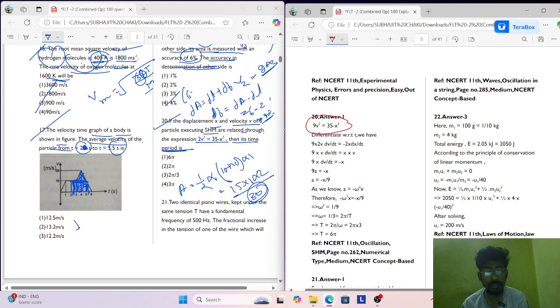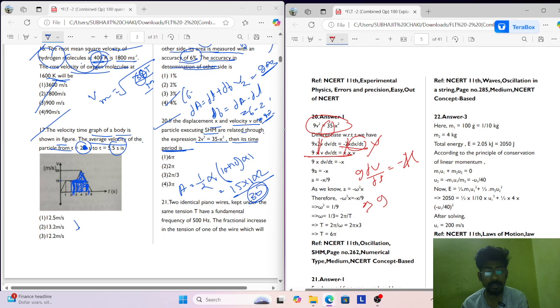This will be 9 into 2v dv by dt, 35 minus 2x dx by dt. 35 is a constant, so its derivative will be 0. So now this 2 will cancel out, right? dx by dt is equal to v, so v and v will cancel out.